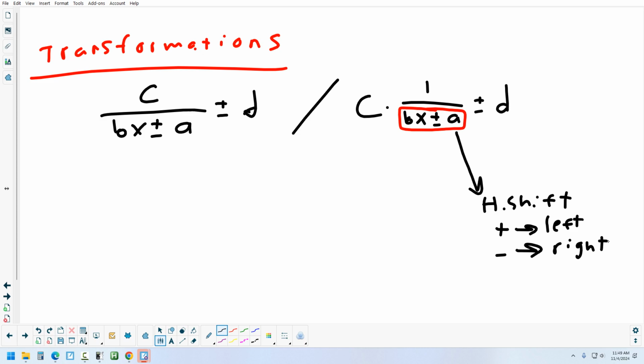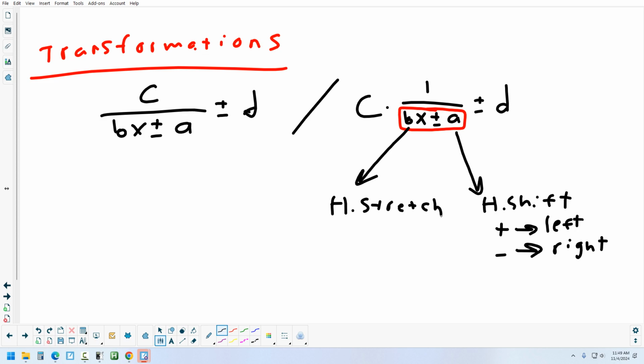Now B is also horizontal, but it's not a shift. It's multiplication. B times X. Does anybody remember what kind of transformation multiplication is? It's not a shift. It's a stretch. So that's a horizontal stretch. And it is also backwards.